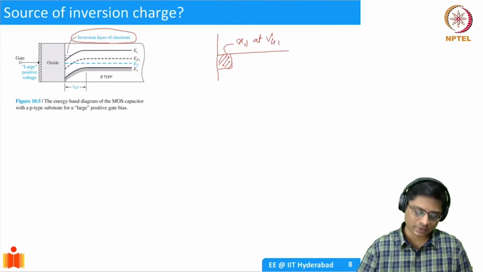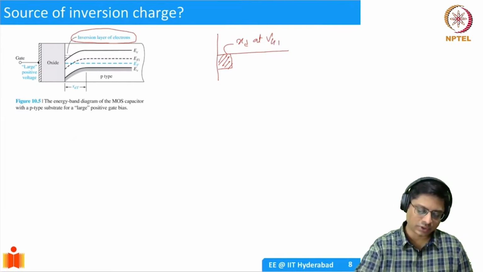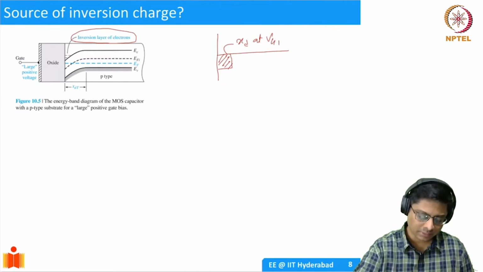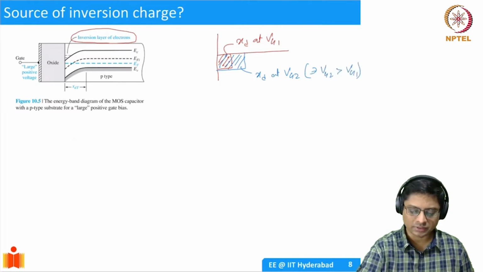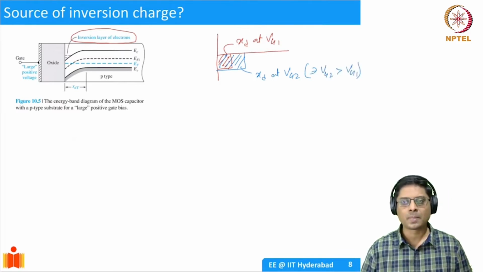What happens? If I increase my positive voltage on the gate, then I get to a point where it becomes like this. This is XD at VG2, such that VG2 is greater than VG1, right? This is what happens.